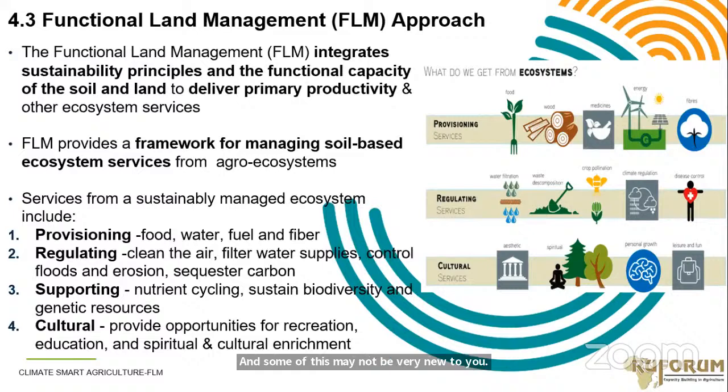The functional land management approach integrates sustainability principles and the functional capacity of the soil and land to deliver primary productivity, and of course other ecosystem services other than the provision of tangible products. It provides a framework for managing soil-based ecosystem services from our agroecosystems.